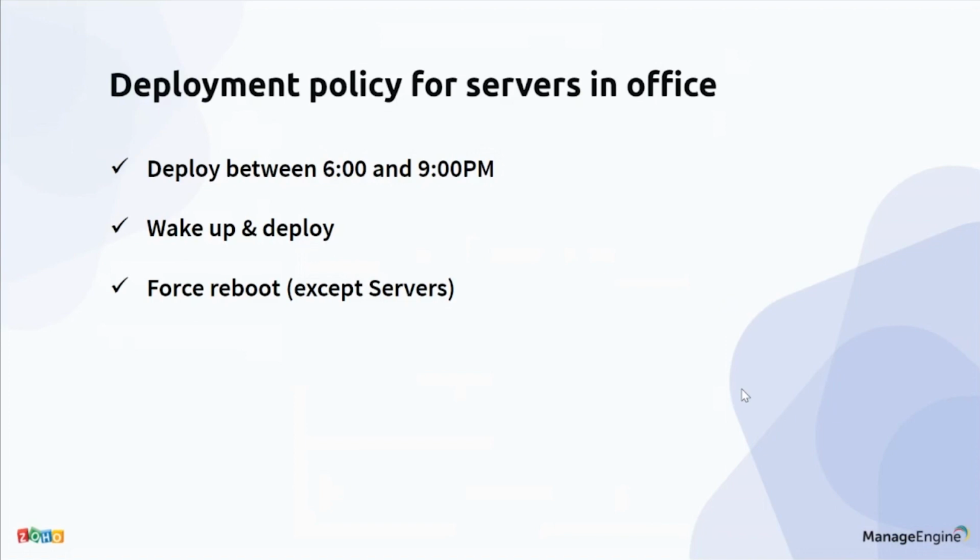For instance, from 6 p.m. to 9 p.m. We can also use the wake up on LAN and deploy option that I showed you. You can find it under the pre-deployment activities. You can also go ahead and force reboot within the deployment window for the machines in your office and your servers.